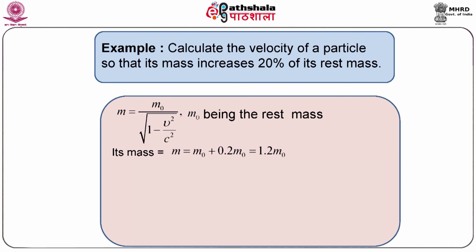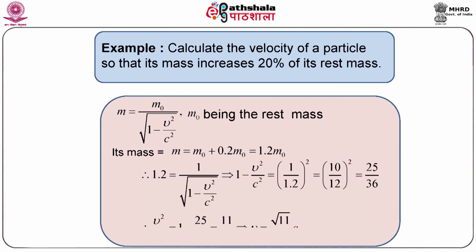It is given that mass increases 20% of its rest mass. So, small m is equal to m0 plus 20% of rest mass, that is 0.2 into m0. Therefore, small m is equal to 1.2 into m0.